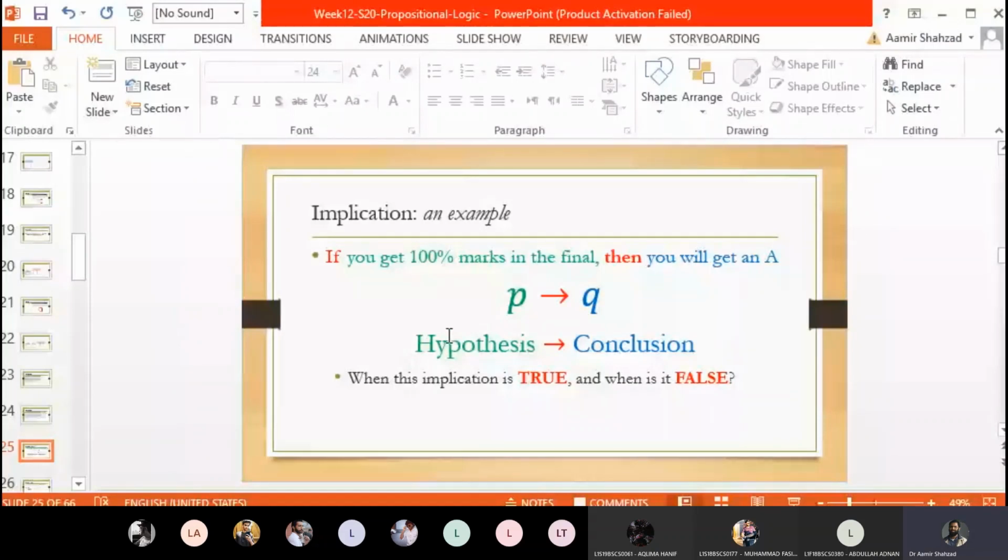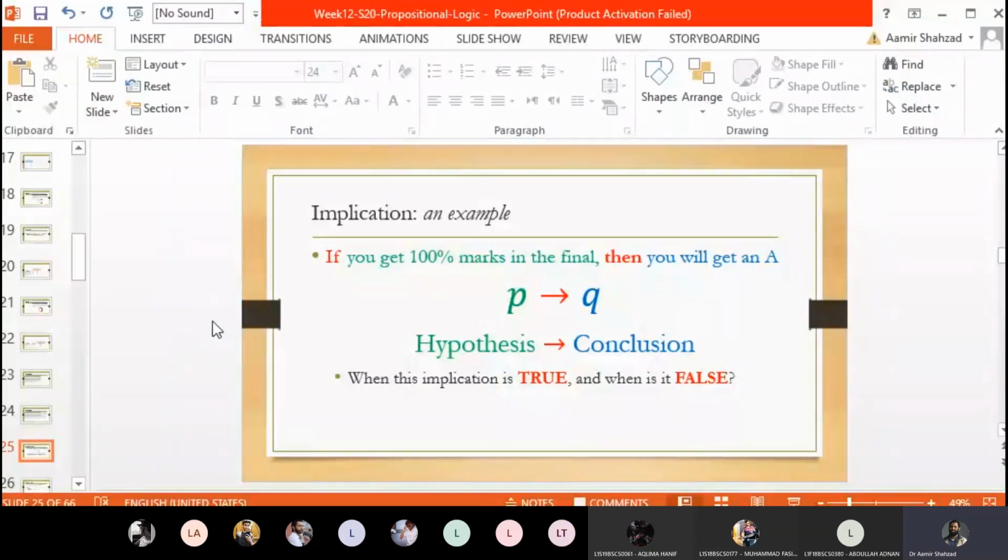Hypothesis implies conclusion. So इसको आप P implies Q भी कह सकते हैं, या you can say if P then Q. So if P then Q, if you get 100% marks in the final, then you get an A. So when this implication is true and when this implication is false, अगर तो आपने 100% marks ले लिए and you get an A grade, everybody is fine, everybody is happy.